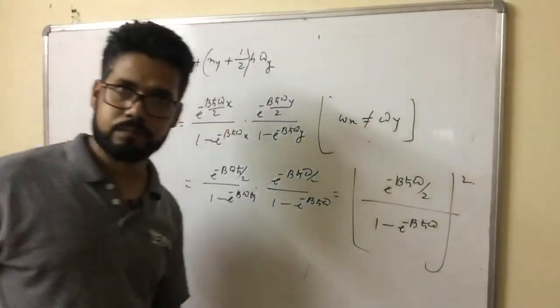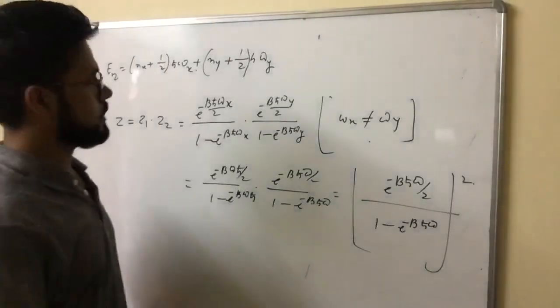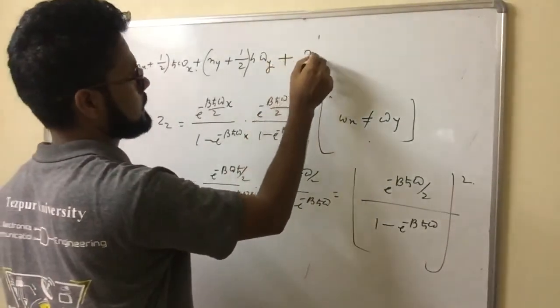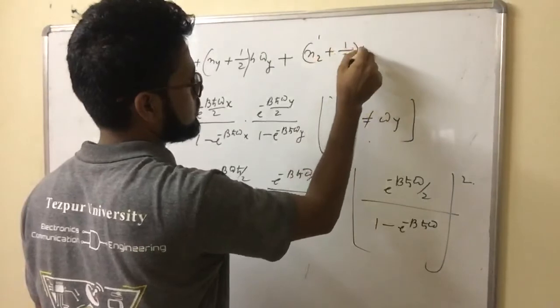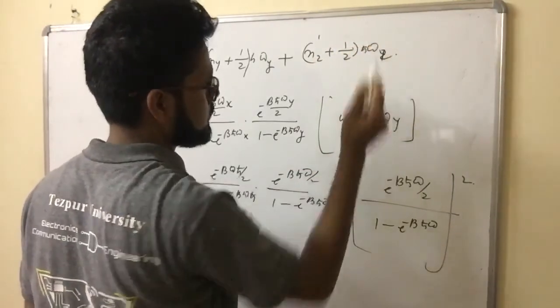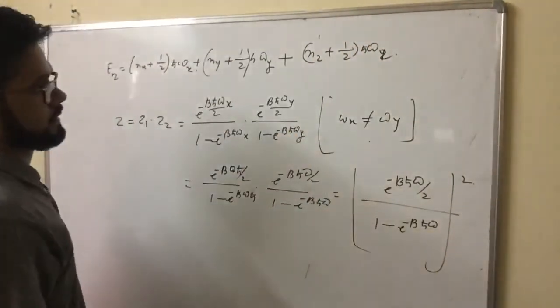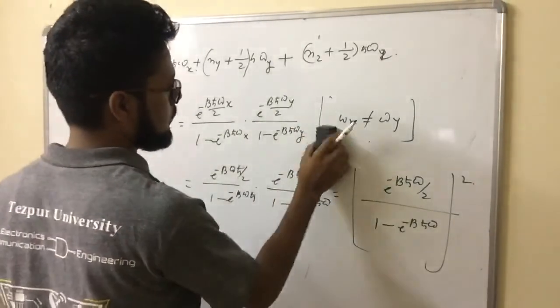Suppose it is 3-dimensional, with nz plus half times hbar omega z. Then a third term will be added, and another term will come here.